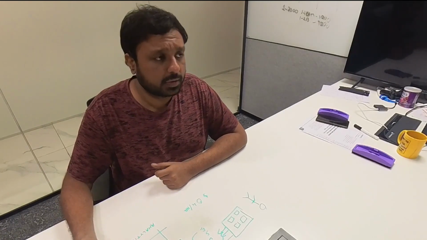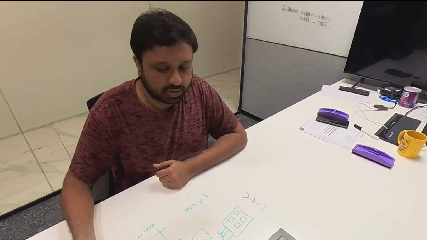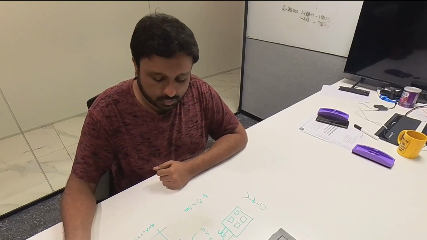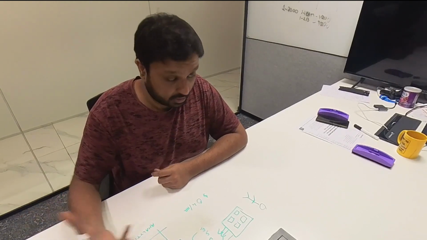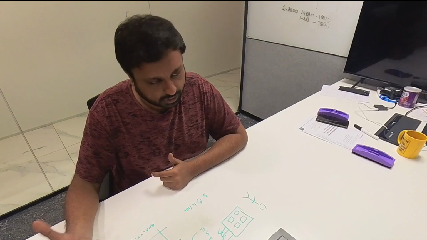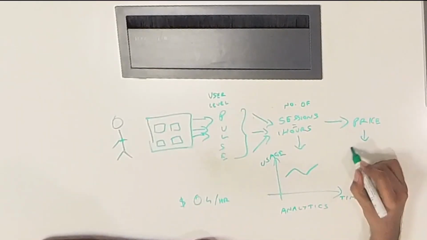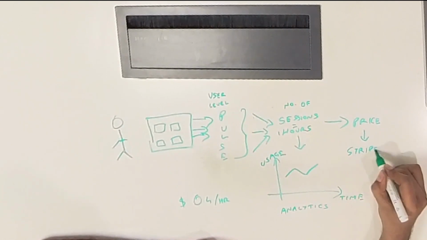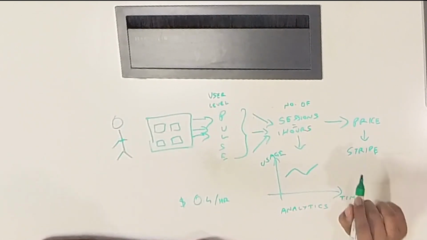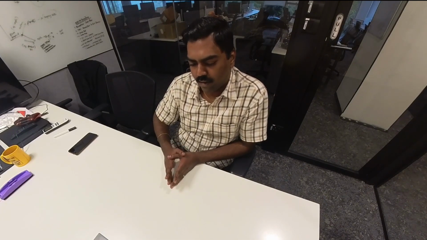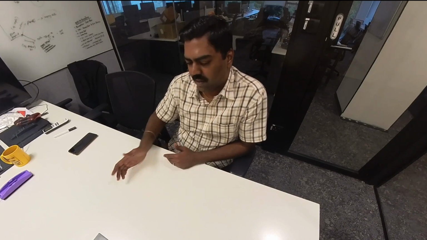So they did say that they were planning to use Stripe as their payment gateway. So once you have the number of sessions in number of hours, then you have the pricing. There was one other complexity which we will touch upon, but yeah, they wanted to use Stripe as their primary payment gateway here. Right. So this means that they have already started onboarding their customers into Stripe.